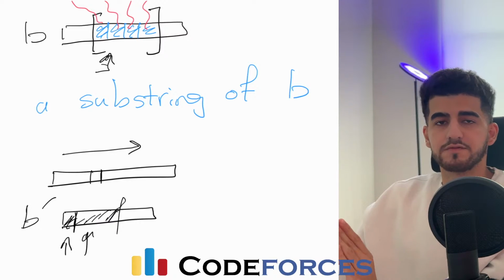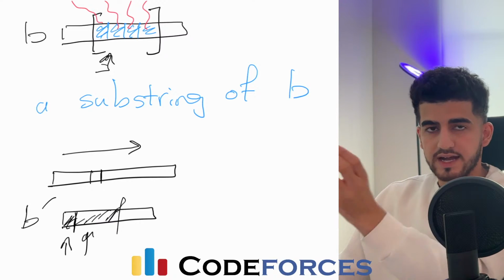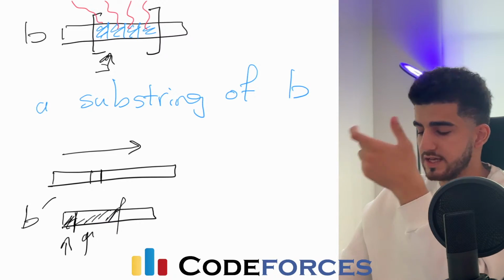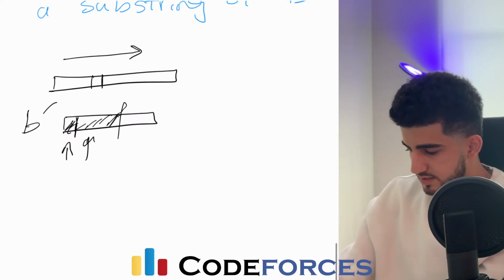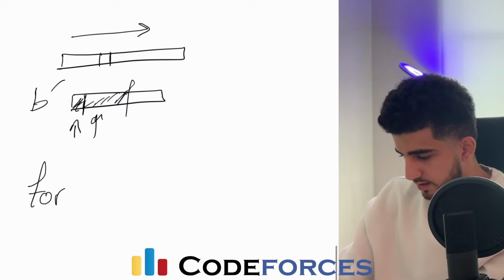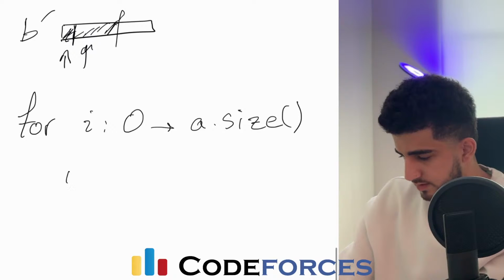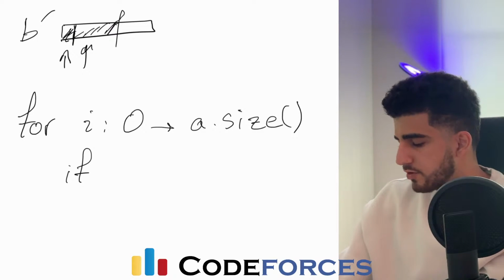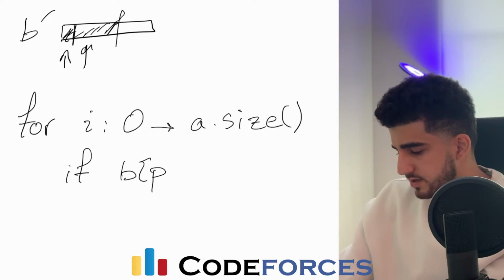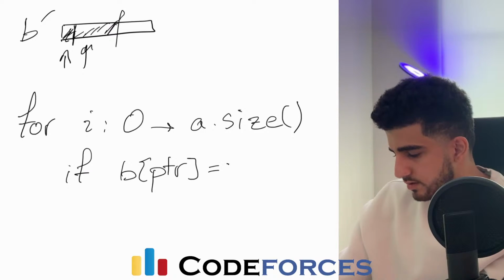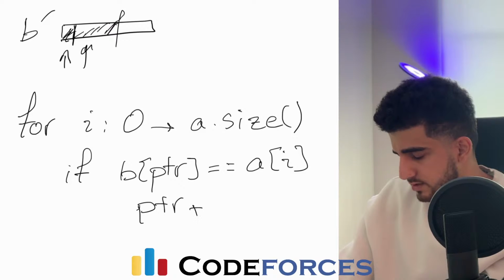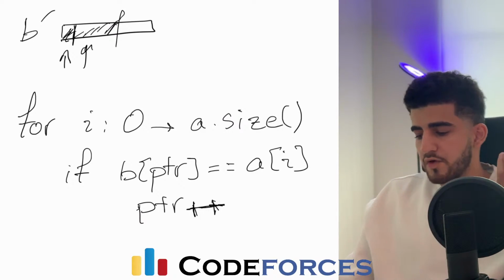Now a prefix of B prime should be matched with A. And when a prefix of B prime should be matched with A, we can just keep a pointer and have a for I from 0 to A dot size, and just say that if B prime of that pointer is equal to A of I, pointer plus plus. Okay. So that's all we want to do.